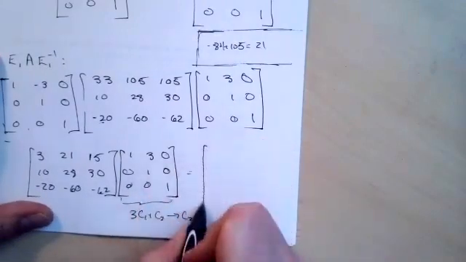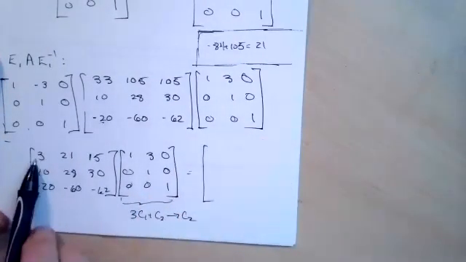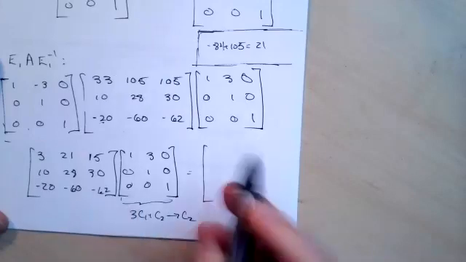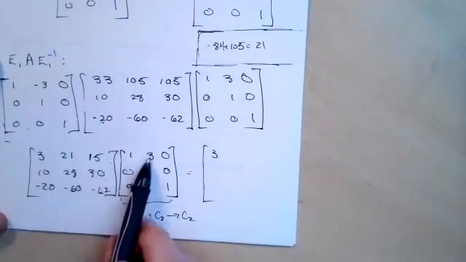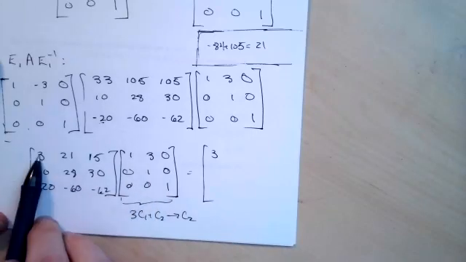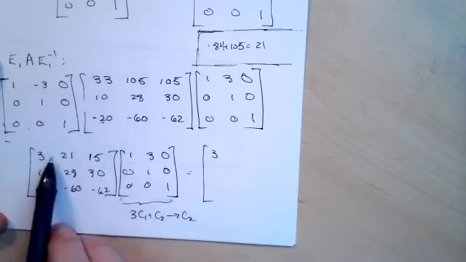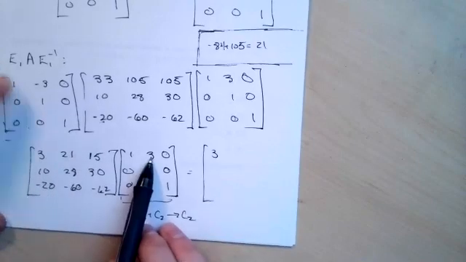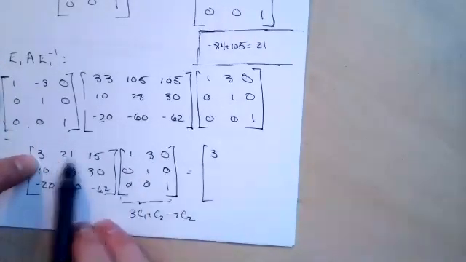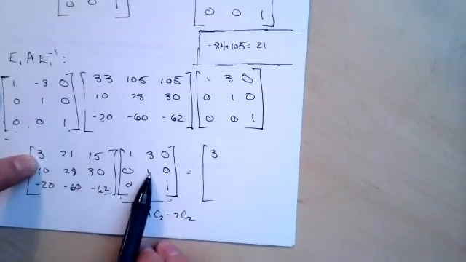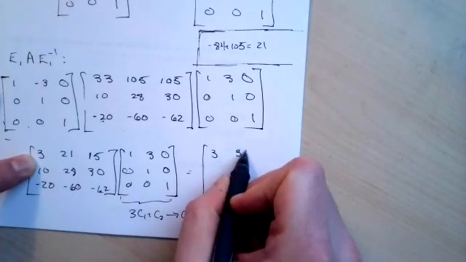So let's go ahead and multiply that out. First row times the first column is just going to give us a 3. First row times the second column, it's going to add, let's see, 3 times 3 is 9, and then we are adding 21 to that. So that's going to give us a 30 there.